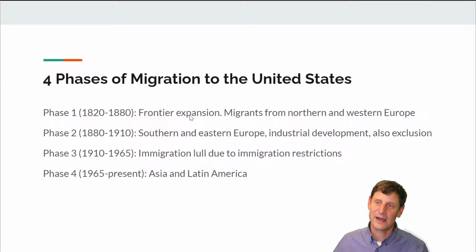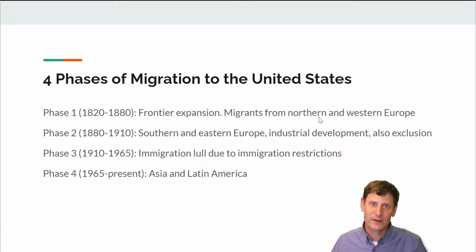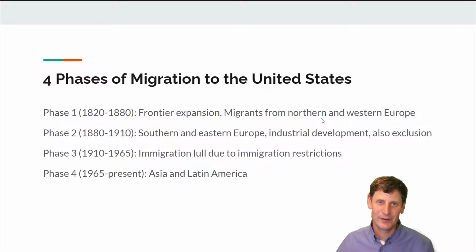Those migrants that expanded the frontier into what we consider the Midwest today were mostly migrants from Northern and Western Europe. This included places like Germany, Ireland, Norway. A lot of migrants came from those regions, and I'm just naming a few here, but obviously there were more than just those three countries I named. Continued migration from Great Britain as well as part of this pattern. So we have a Northern and Western Europe predominant settler mix coming in here during this time.